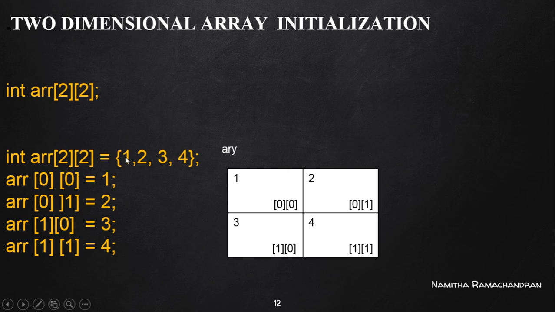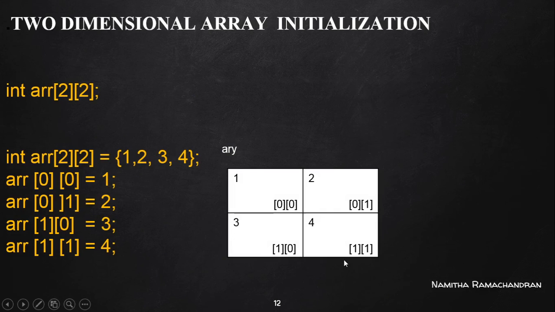Okay, so this one is our first element, where is it present in our matrix? This one is present in the first row, first column position. Suppose we are starting the indexing from 0: 0th row, first row, 0th column, first column.